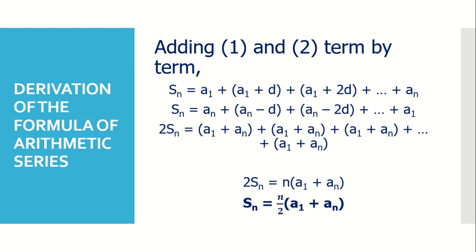We'll multiply 1/2 on both sides of the equation. So you have S sub n equal to n over 2 times the quantity a sub 1 plus a sub n. This formula will be used if the given are the first term and the last term.